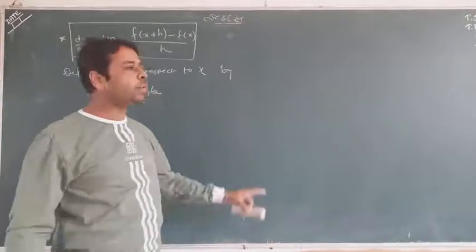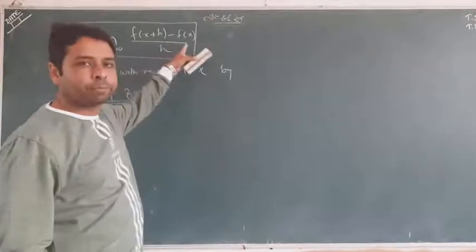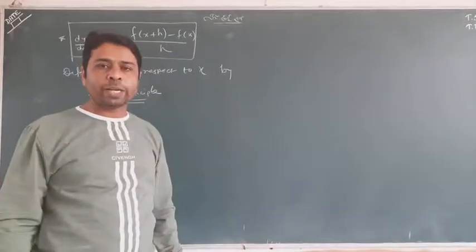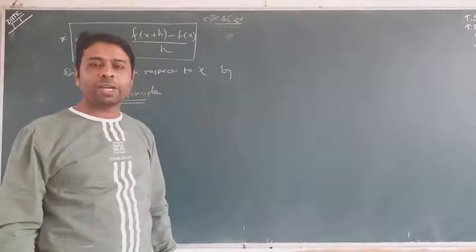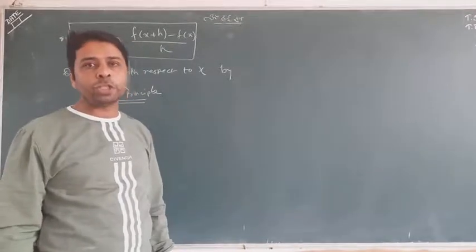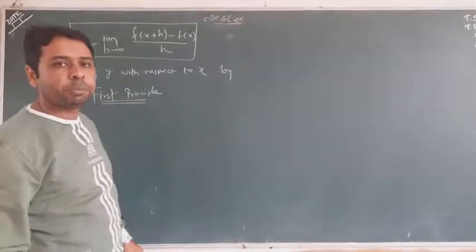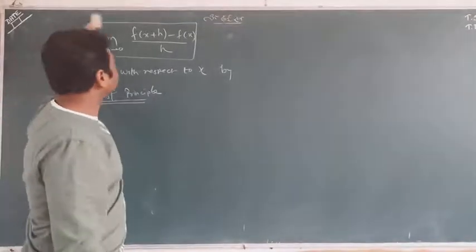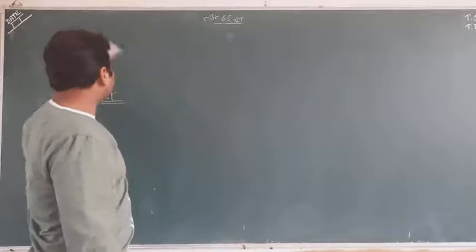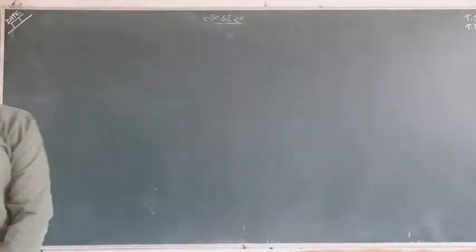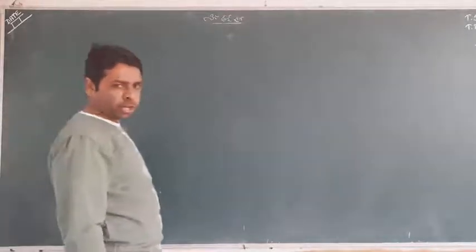This is the whole meaning, and we got a derivation now. Whatever function we are provided, we can definitely find its differentiation by this formula whenever the phrase first principle is used. So keep remembering this idea. Okay, let me rub this out, and I will take some function for you. Please try to understand it.